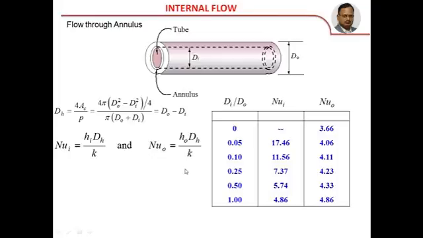And for turbulent flow, we use the Dittus-Boelter correlation. Nusselt number is 0.023 Reynolds number to the power 0.8, Prandtl number to the power n, where n is equal to 0.3 if the fluid is getting cooled and 0.4 if the fluid is getting heated up.